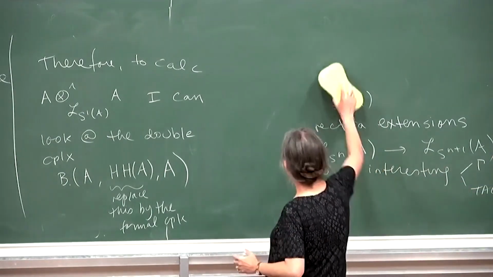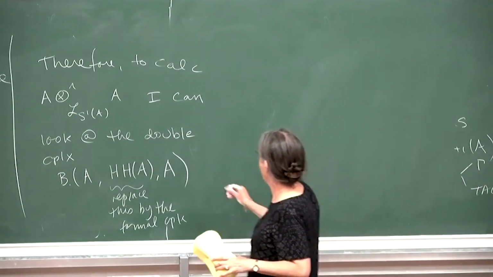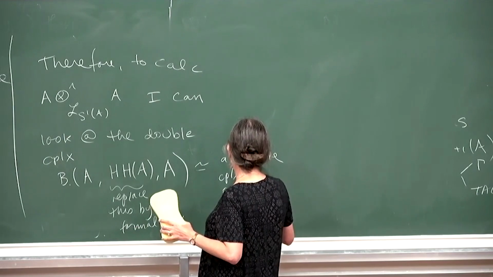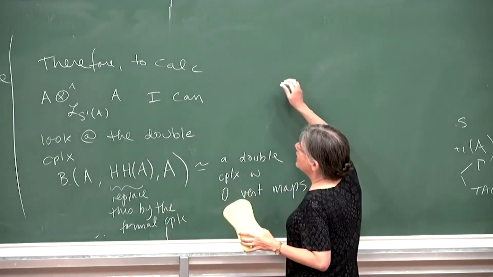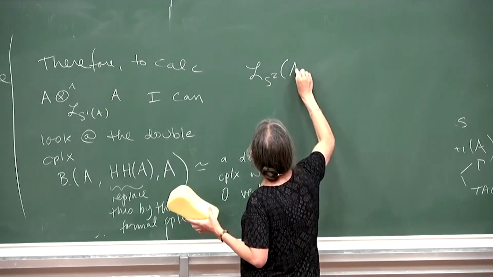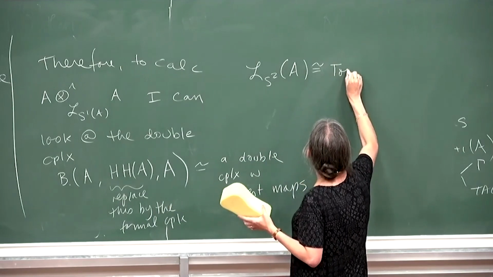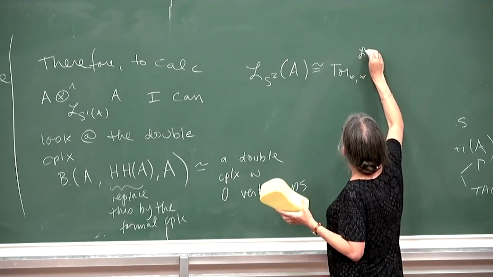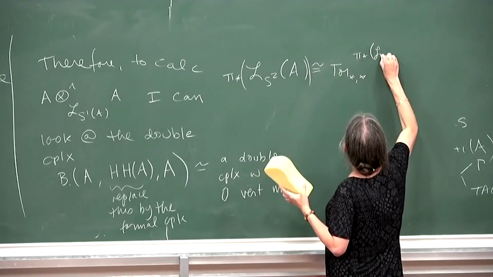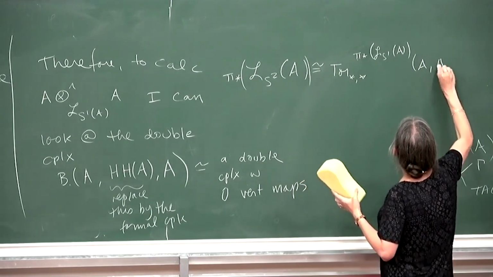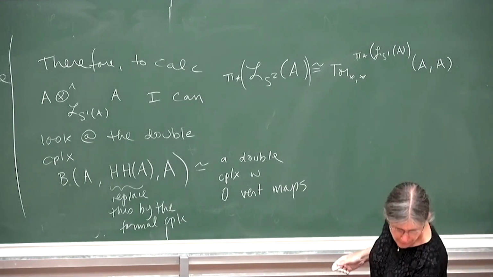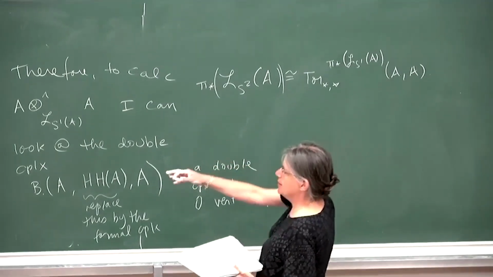So a double complex with 0 vertical maps, and I get that LS2 of A is just isomorphic to Tor of Pi star of LS1 A. And not only that, these Hochschild homology groups sit inside as a complex.